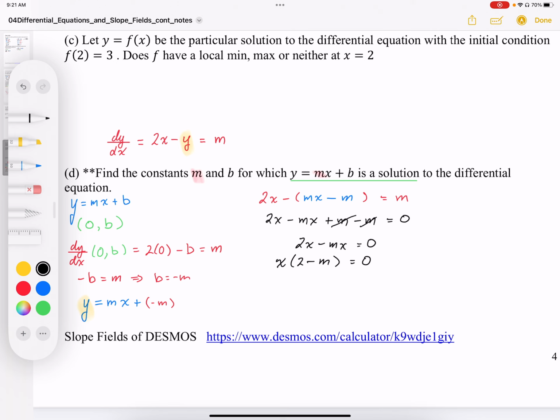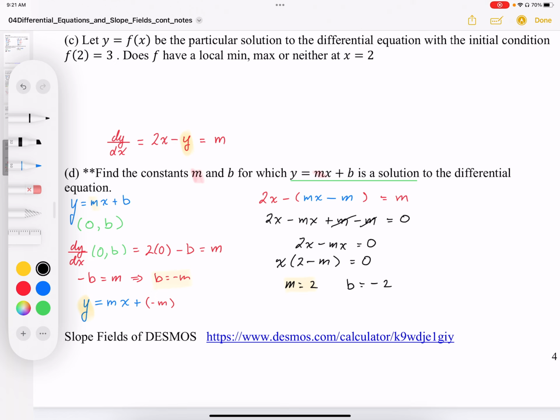So here m is equal to 2, and that's really important because I can now use that in the original equation. Not only that, I also have an equation that allows me to convert m's to b's. So if m is equal to 2, then that means that b is equal to -2.